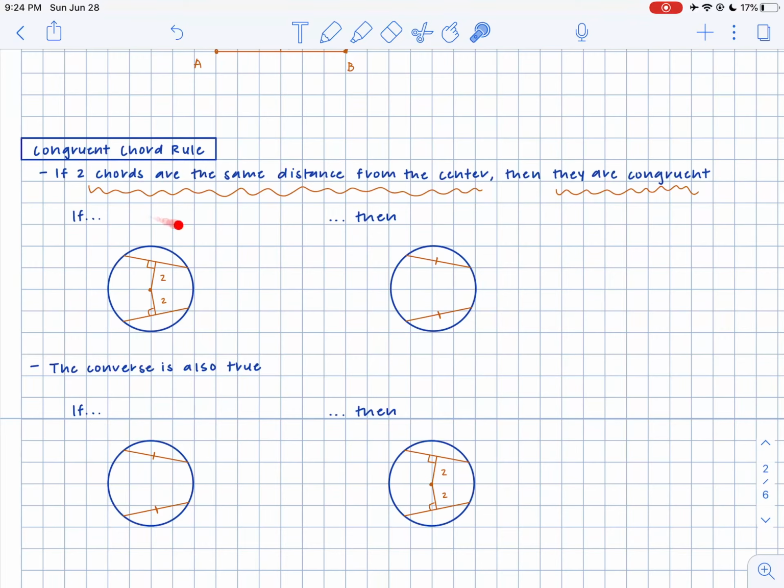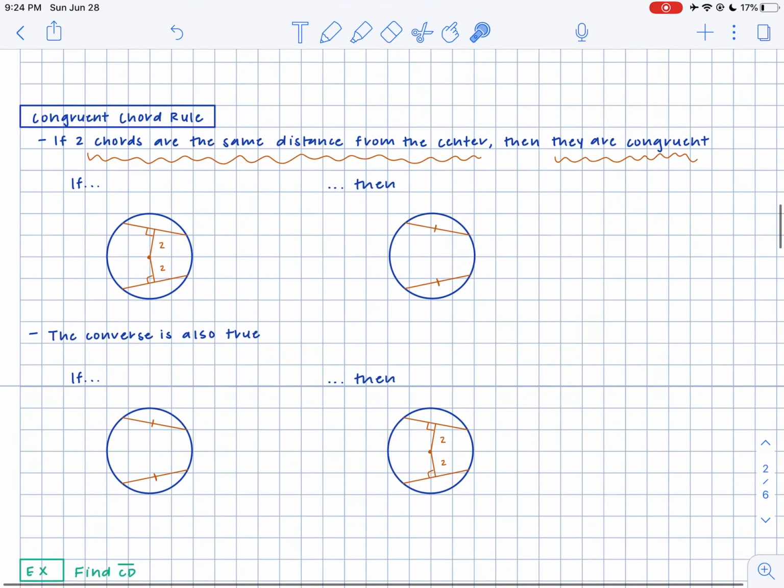So if they are congruent, then the two chords are the same distance from the center. So the converse statement would be, if two chords are congruent, then the two chords are the same distance from the center, okay? And this is going to be helpful when you solve for missing lengths of chords or distances.